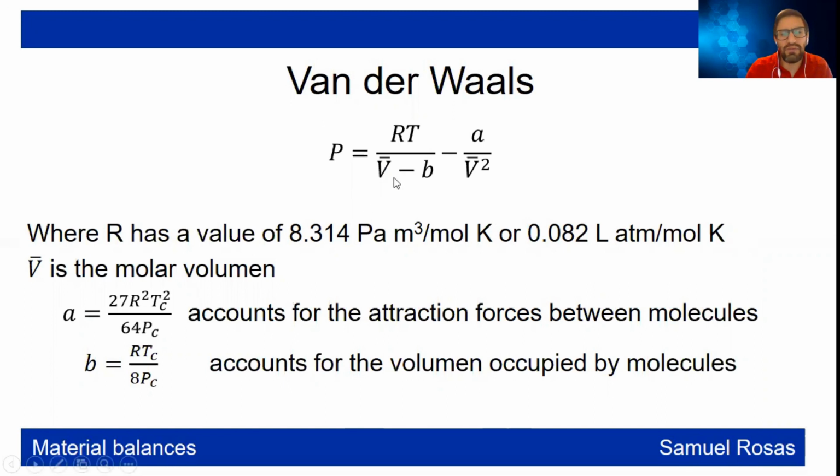Here, what you have are two parameters, which are B and A. A accounts for the attraction forces between molecules, and it only depends on the critical temperature and critical pressure. And B is going to account for the volume that is going to be occupied by the molecules. So to the total volume, you subtract this volume occupied by the molecules.